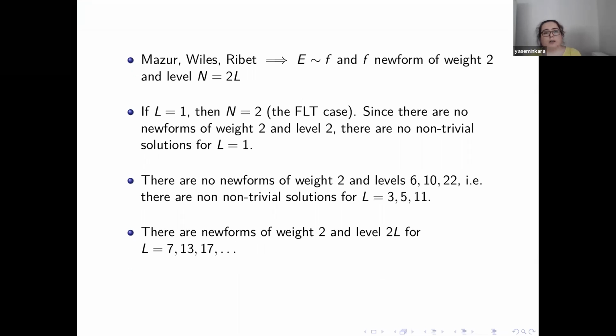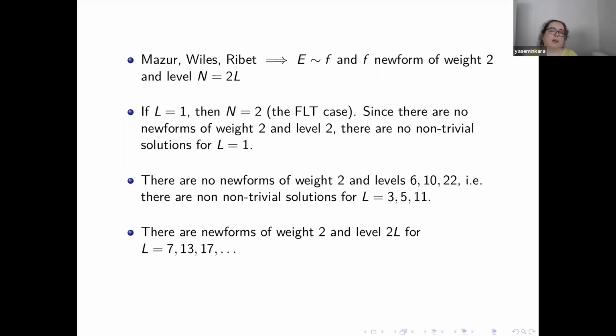And now, when you again apply Mazur's theorem, Wiles and Ribet's theorem, what you get is you can attach any form of weight 2, and this time level is equal to 2L.